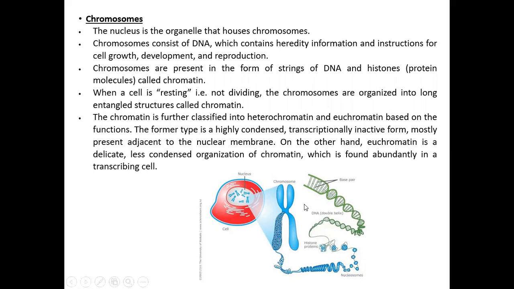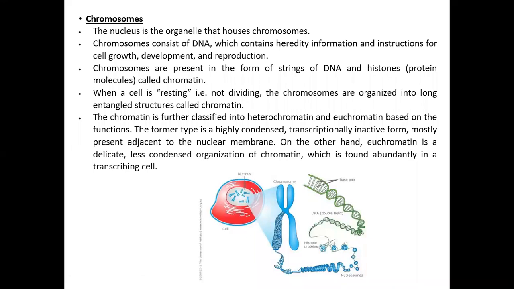The chromosomes are seen as strings of DNA and histone. Because of histones, they are also called beads on a string. These histone proteins are also octamers in some cases.